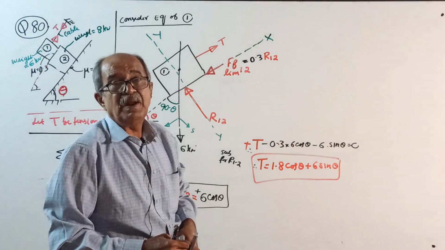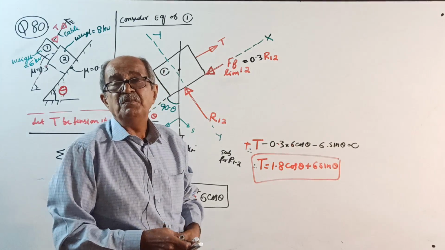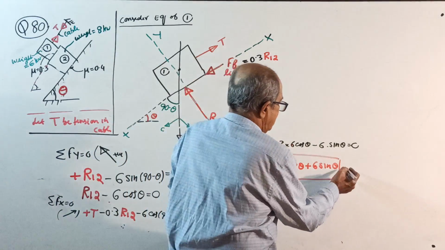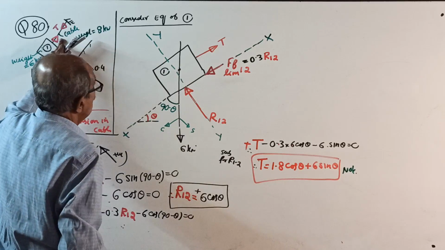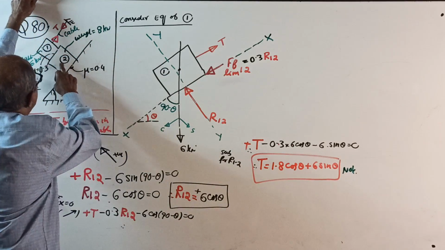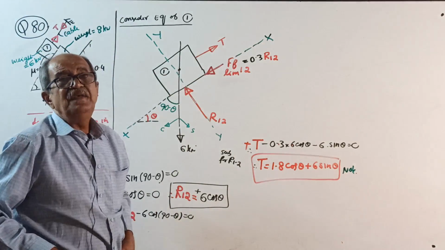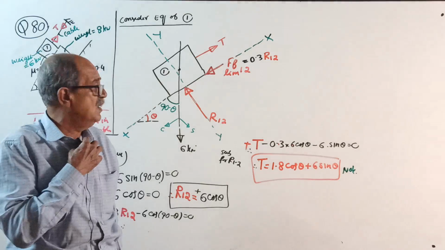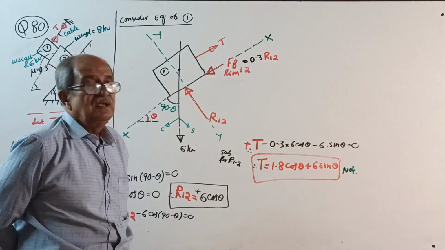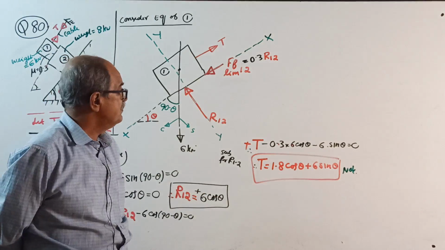Suppose in the question paper they asked you at that time, make a note here. This T you don't require now. Why? When you go to block 2, the T will not come. It is an extra answer, but it is required. Stability is required. Make a note here: T we did not get, it came in terms of theta.